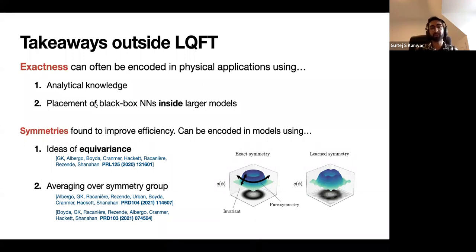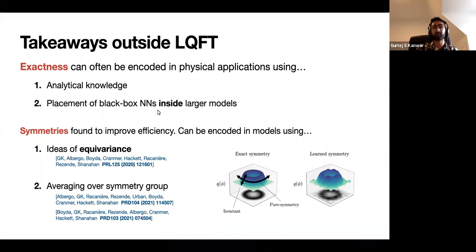On the contour deformation side, this exactness ends up coming down to just an application of Cauchy's theorem that says I can deform a holomorphic integral without changing its integrated value. And to achieve sufficient properties in the machine learning tools that these analytic exactness guarantees are held requires essentially putting these black box machine learning components inside larger models. And of course, it doesn't have to be a neural network.